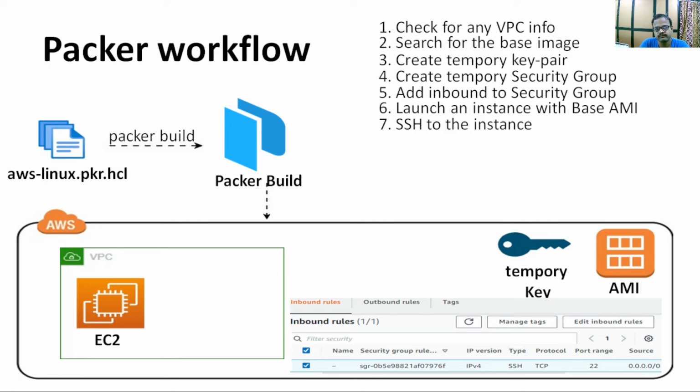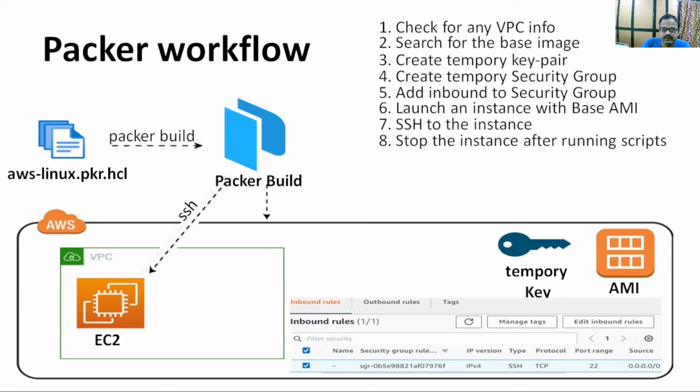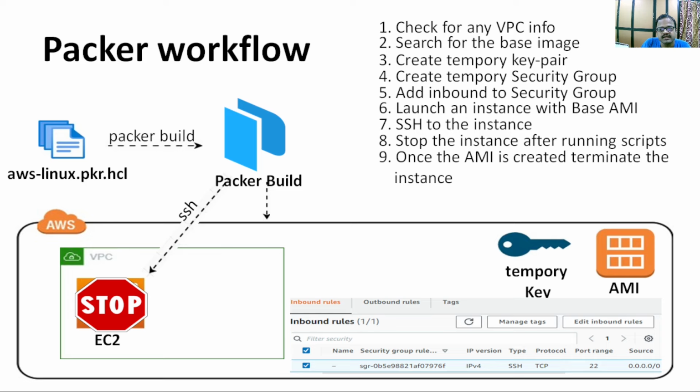Once the instance is created, Packer will SSH using the temporary key and security groups. Then it will stop the instance after running the required scripts. Once the AMI is created, the instance will be terminated.